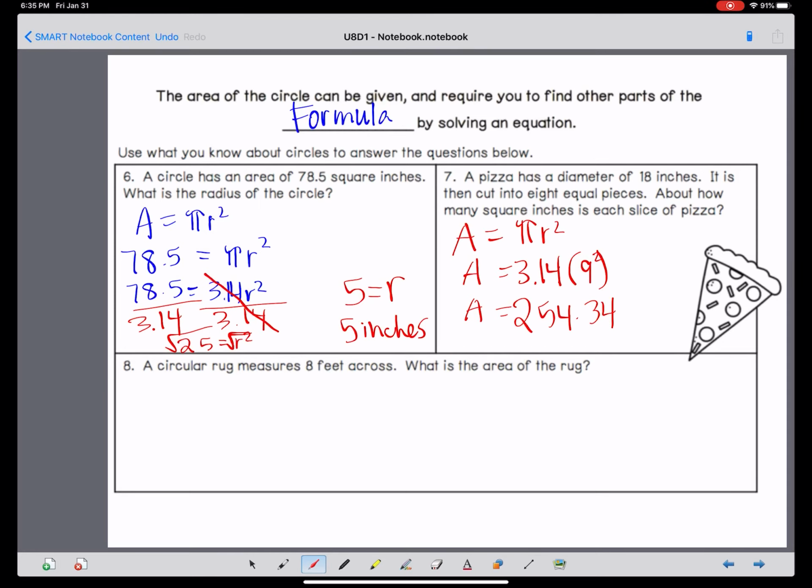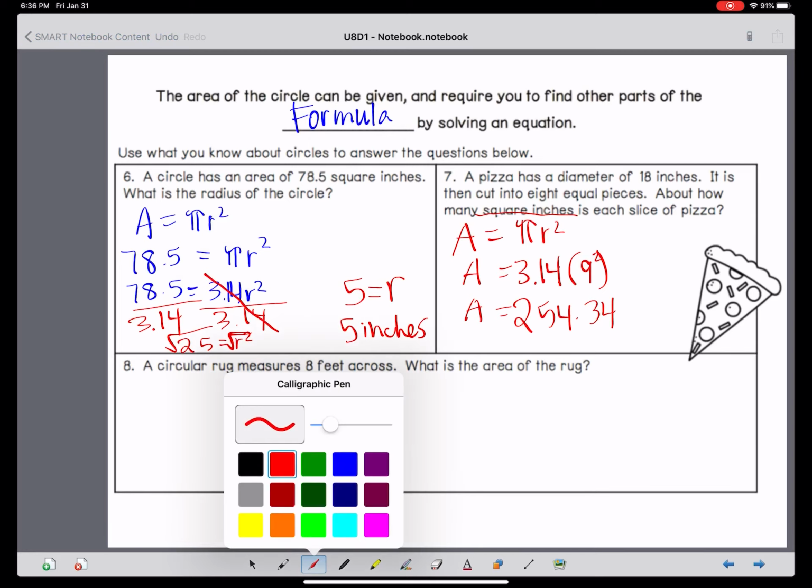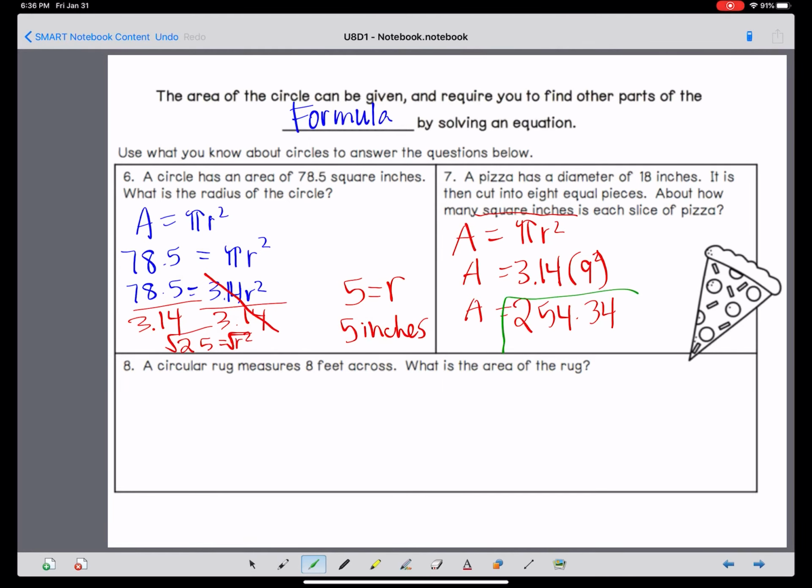And it's going to be squared because we're looking at how many square inches. But they want to know how many square inches is going to be in a slice of pizza. And so there's 8 slices of pizza in a pizza. So I need to take my answer, I'm going to use a different color now, and I have to divide that by 8 to get how many square inches is in each slice of pizza.